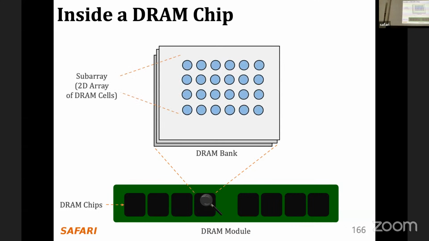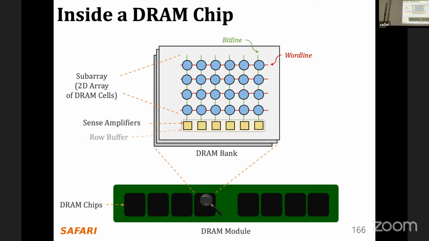Inside the DRAM bank, we have a 2D array of DRAM cells called a DRAM subarray, where horizontal rows are connected to a word line and vertical columns are connected to a bit line. The bit lines are connected to sense amplifiers, and a set of sense amplifiers is called a row buffer.